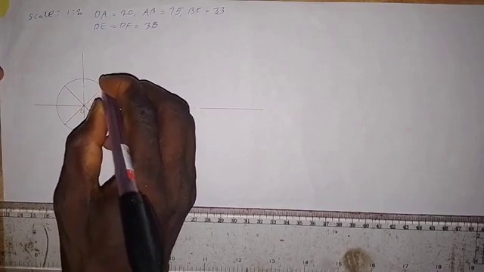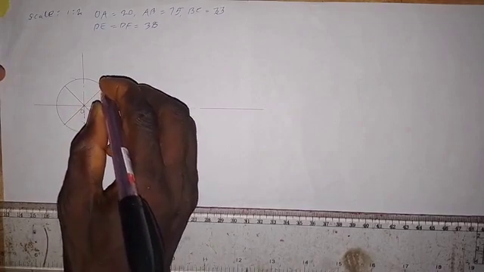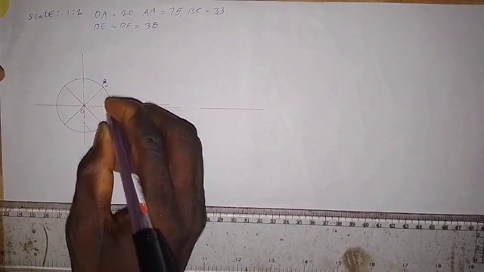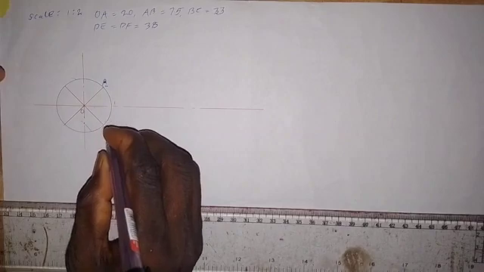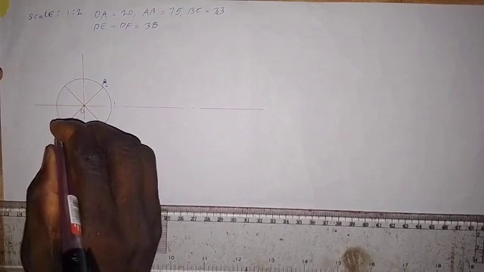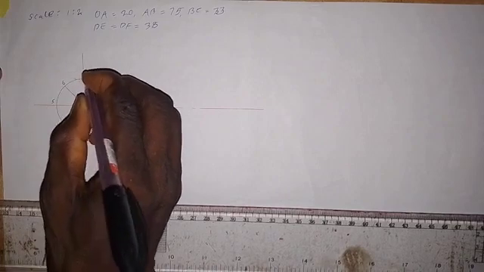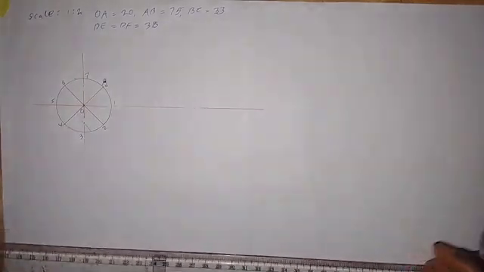This is the starting point, so I will call this 0. This is 1, this is 2, this is 3, here is 4, this is 5, 6, and then we have 7.